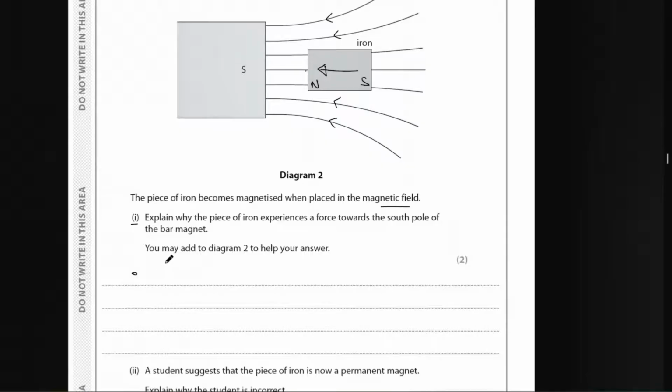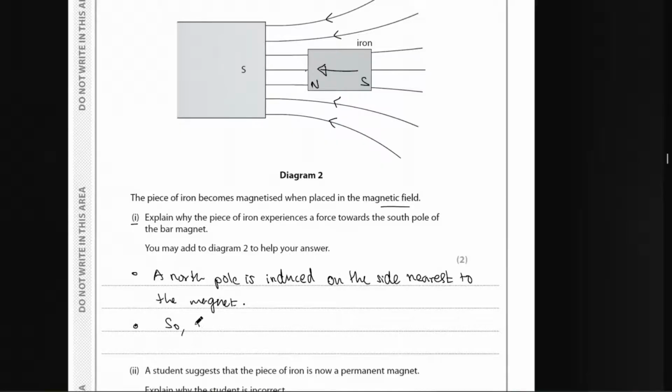So we can say a north pole is induced on the side nearest to the magnet. So as opposite poles attract, the iron feels a force towards the magnet.